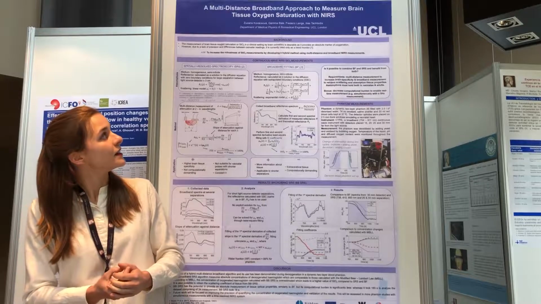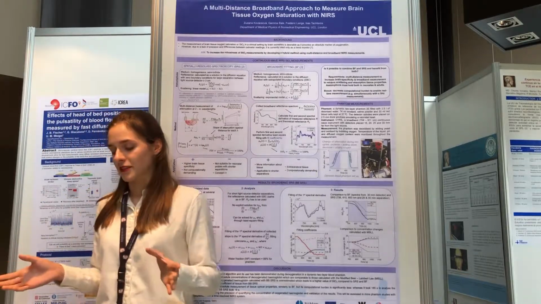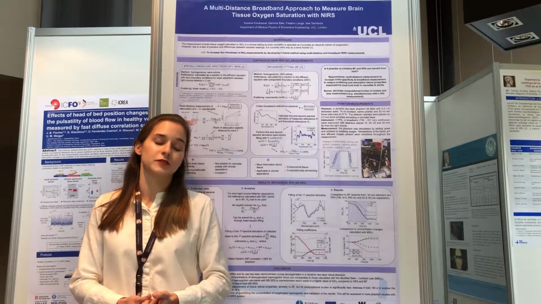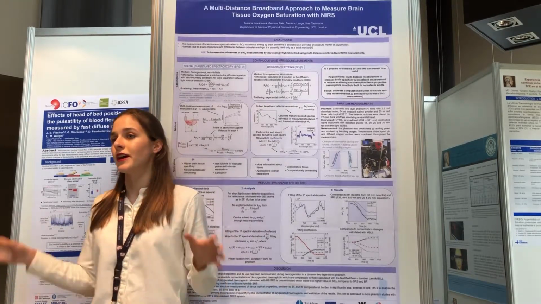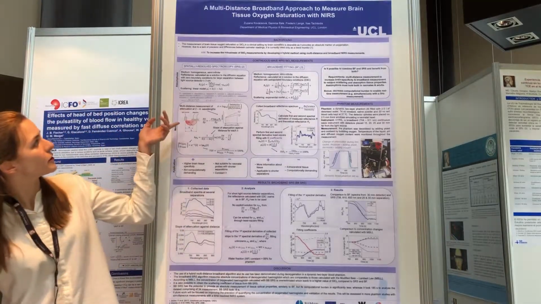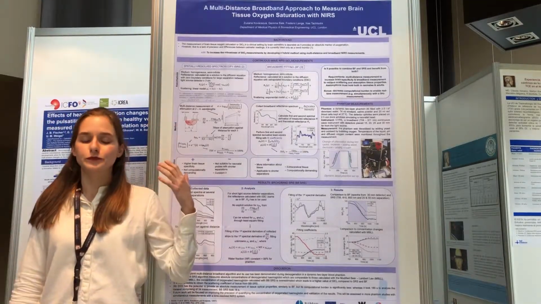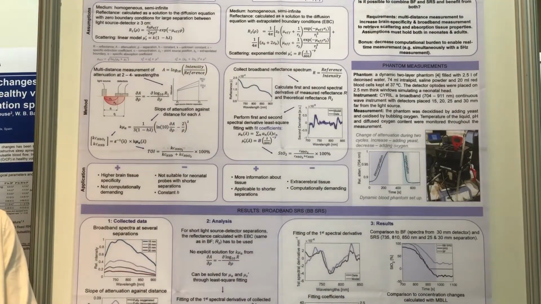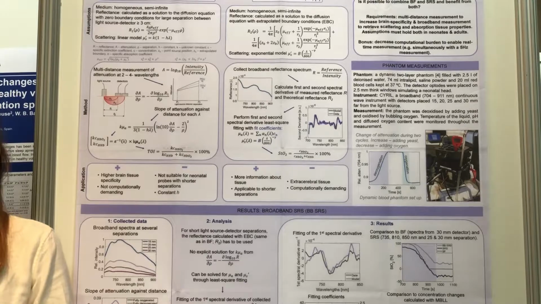So the idea is to use two different methods that are currently used in continuous wave near-infrared spectroscopy and merge these into a hybrid approach. These two methods are spatially resolved spectroscopy, which is broadly used mostly in commercial devices, and it's a method that uses a multi-distance setting.